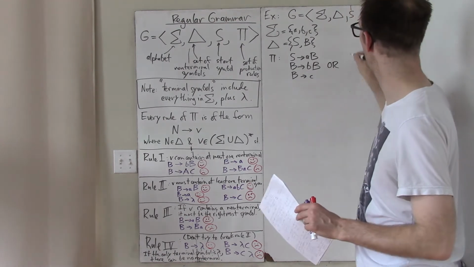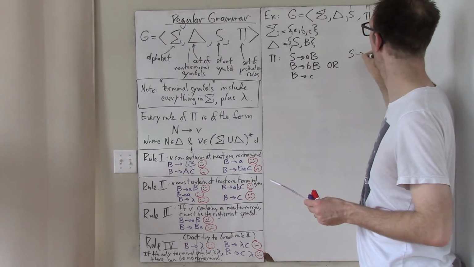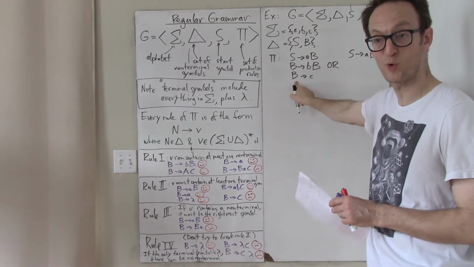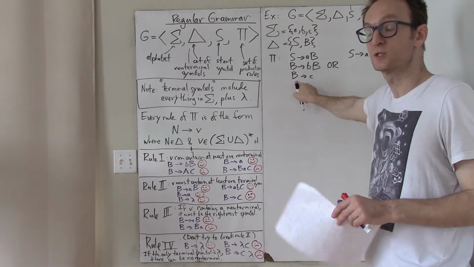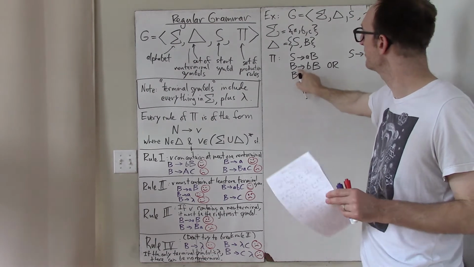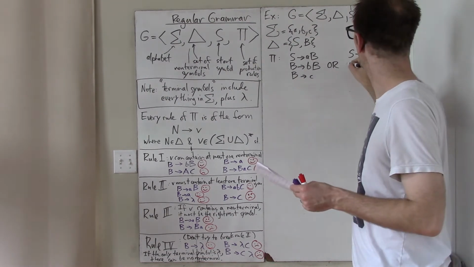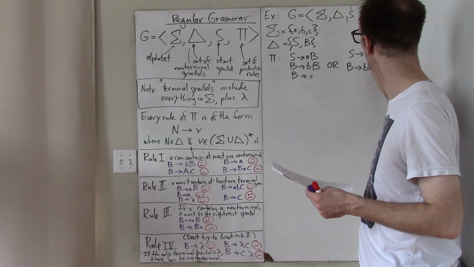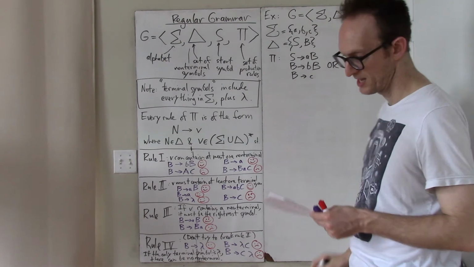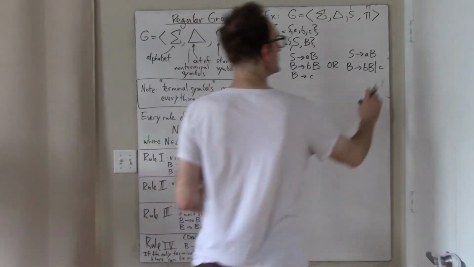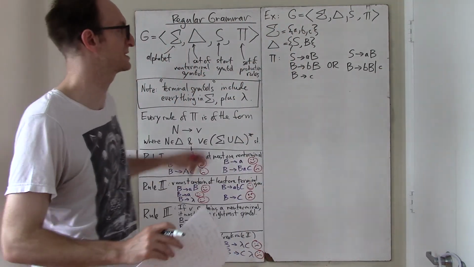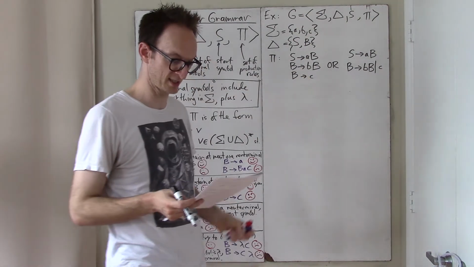So if you have two options for the non-terminal symbol B, we can write them using this pipe, B pipe C. Think of that as an OR symbol. It just lets us express this more succinctly.